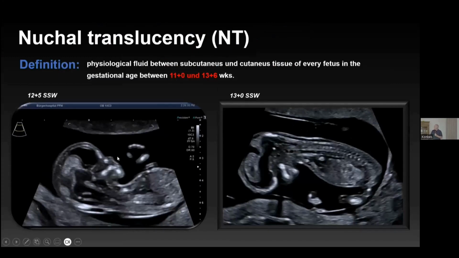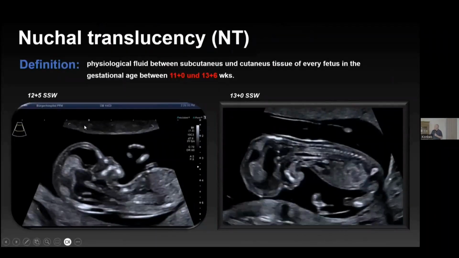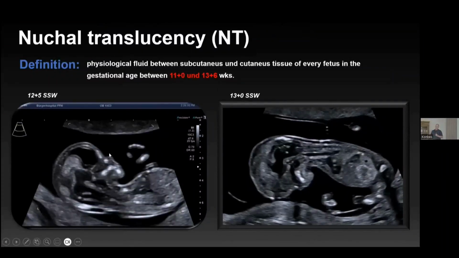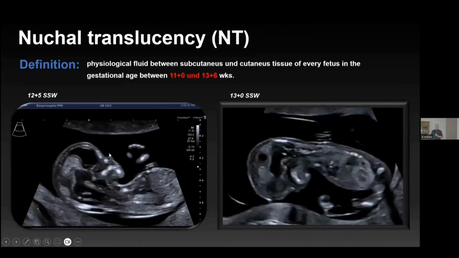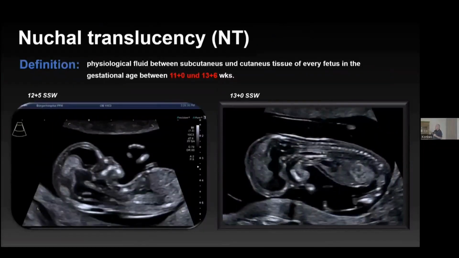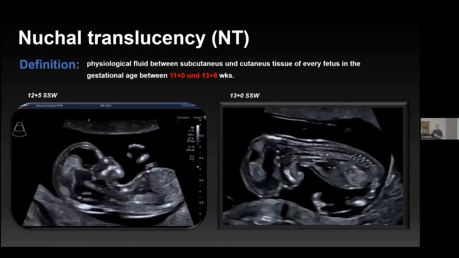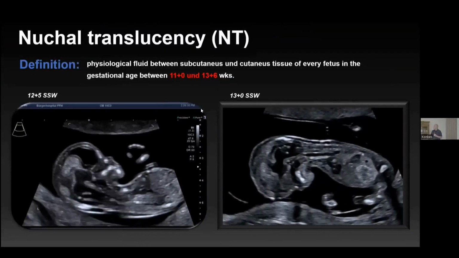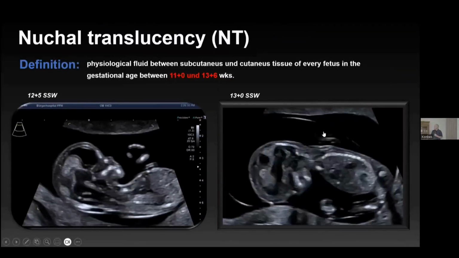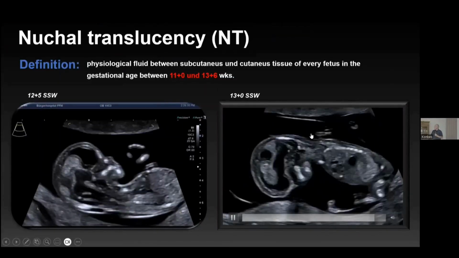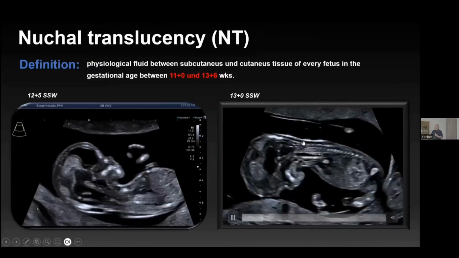So these are some videos that show the best position, but the baby is not every time in this good position. So we have to change. And it's time consuming to have a very good resolution. But you see, there is a sagittal plane where we can detect also the fluid within the fetal neck.